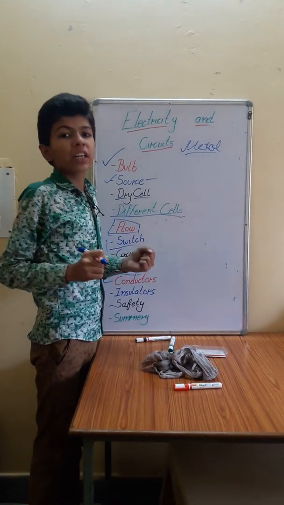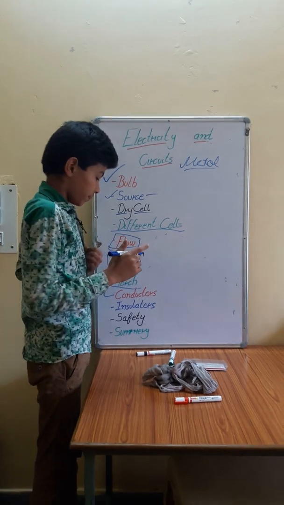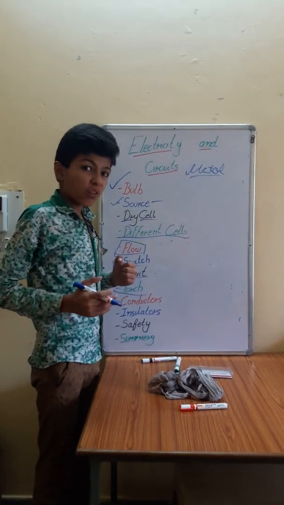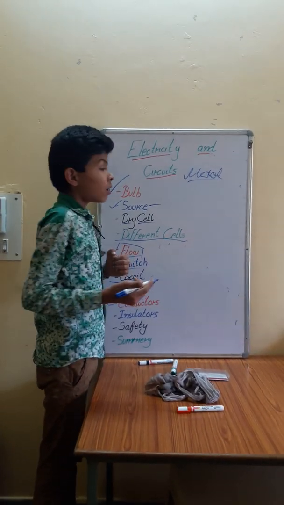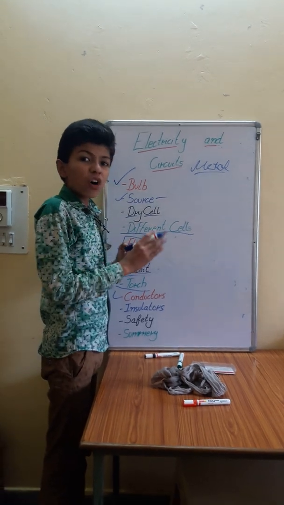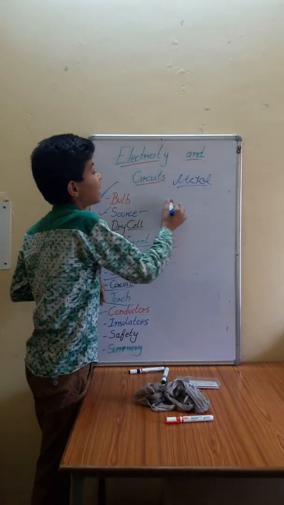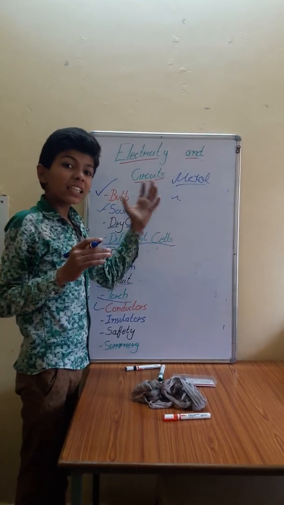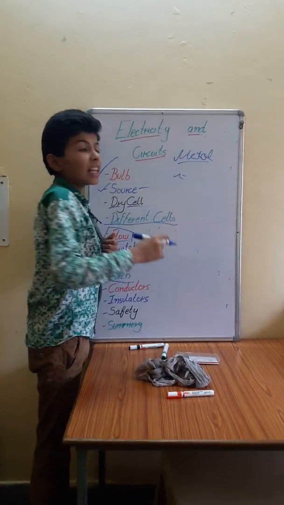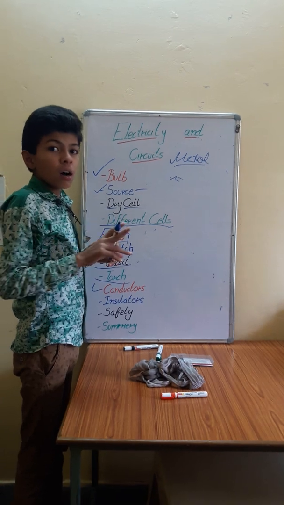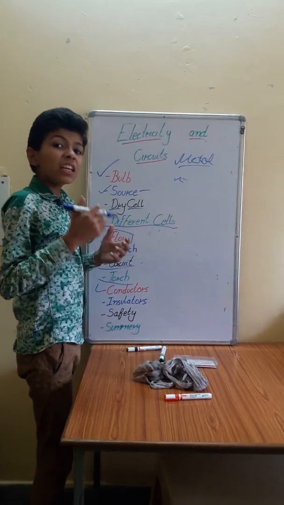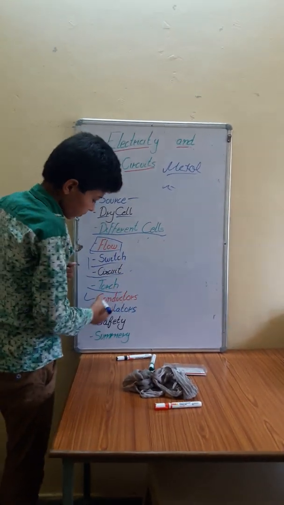Copper is a good conductor of electricity. Even salt water is a good conductor of electricity. It enables the electricity to pass through it. That's why we should not touch electricity with wet hands.